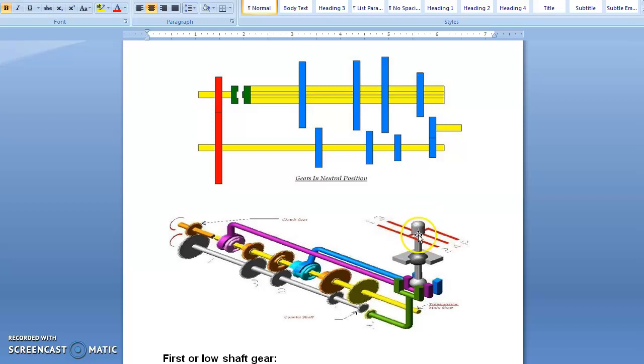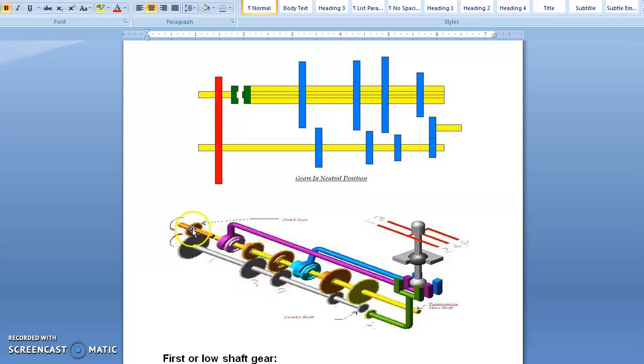When the driver puts the handle in the neutral position, since the clutch shaft and the counter shaft are constantly meshed, whenever the clutch shaft rotates, the counter shaft also rotates with it. But in neutral, no gear of the main shaft has contact with any gear of the counter shaft. So there is no power transmission to the main shaft.